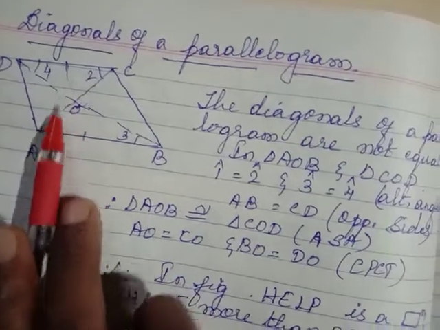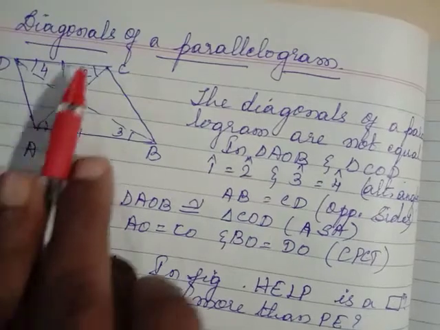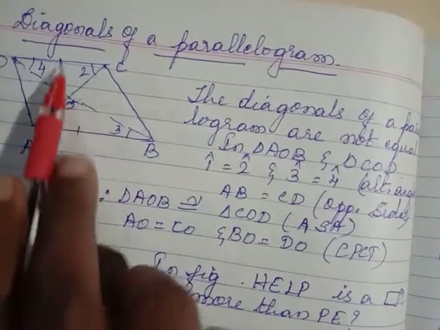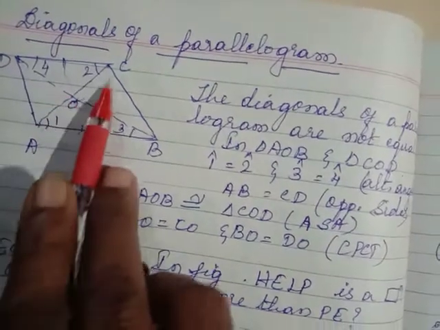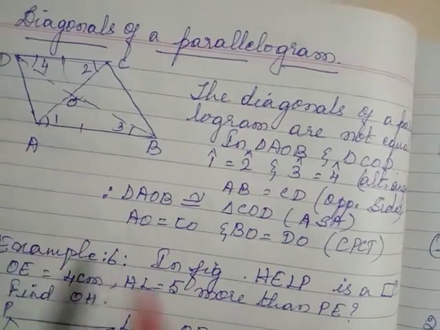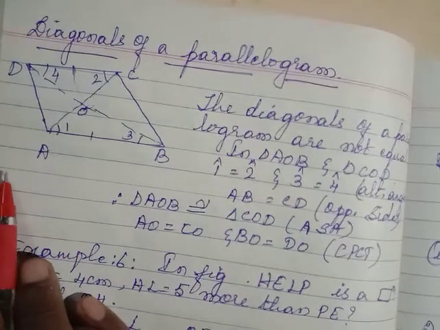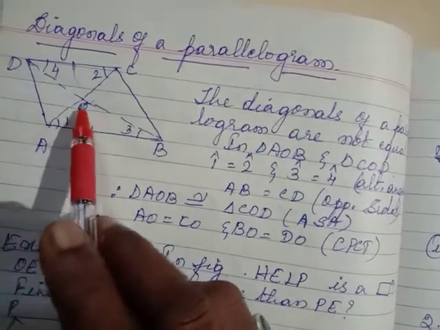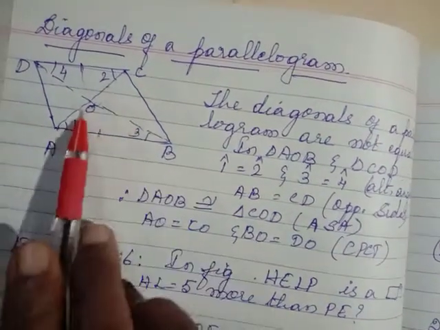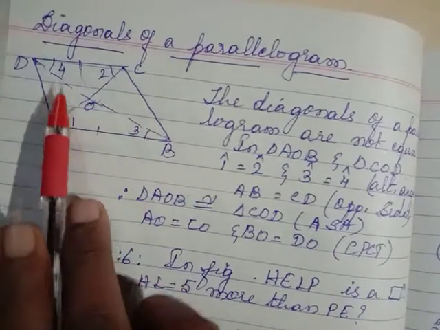Therefore, we got two angles and one side. Therefore, AOB is congruent to COD, by the ASA postulate. Therefore, by CPCT, we can say that AO is equal to OC, and BO is equal to OD.